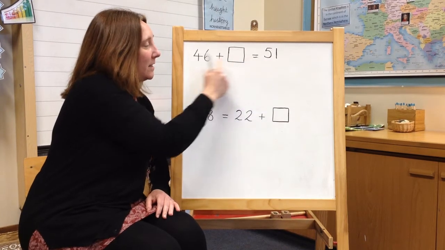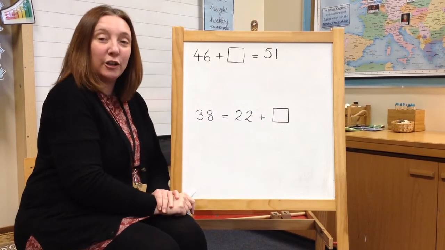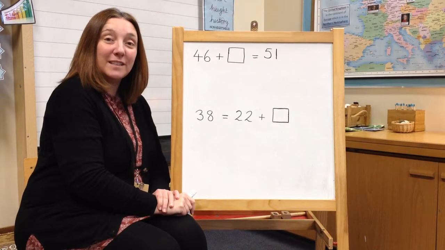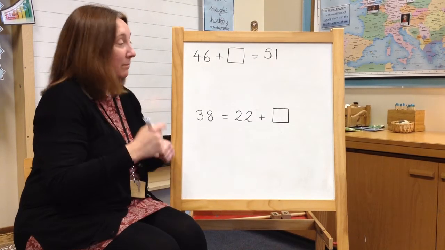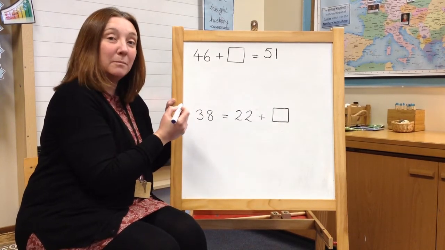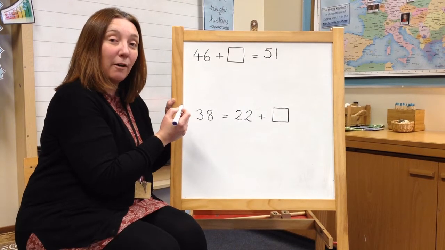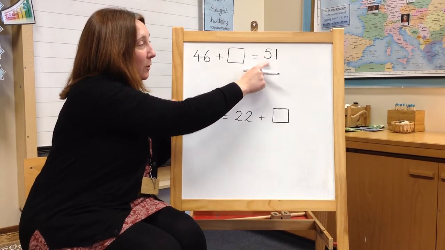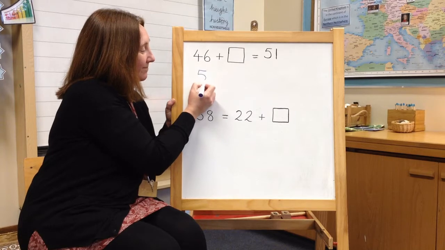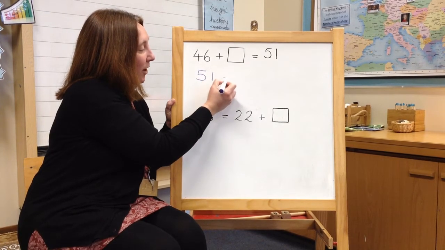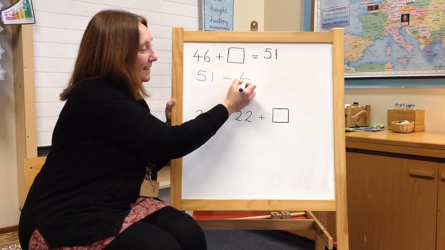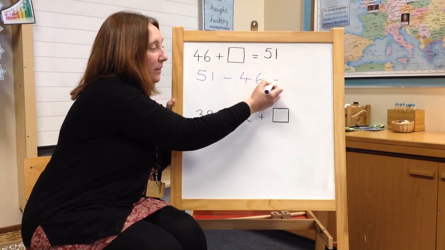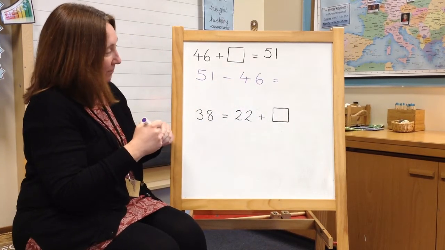So to find a number that is less using our known numbers, we're going to have to subtract. In a subtraction, the minuend is always the number of the greatest value, so it will be 51. We're going to subtract the 46, and that will give us the missing number.